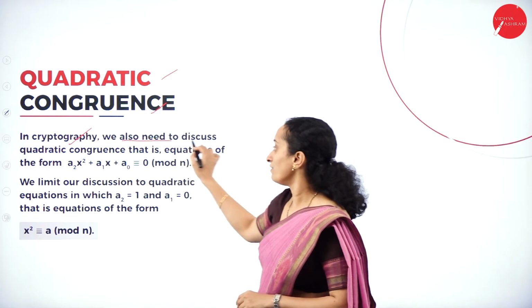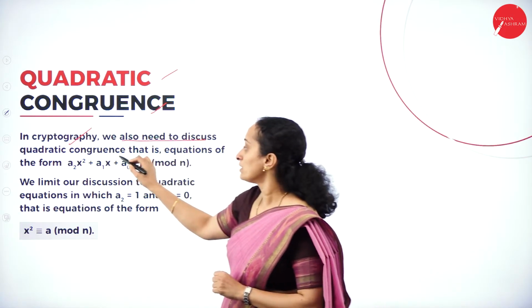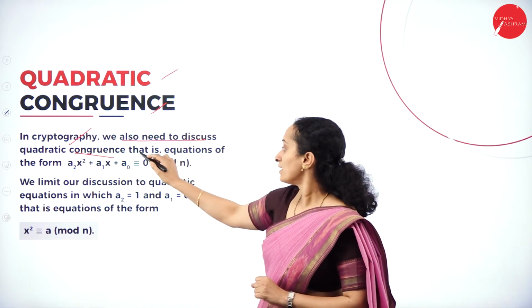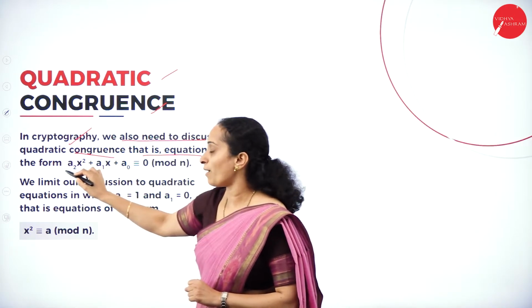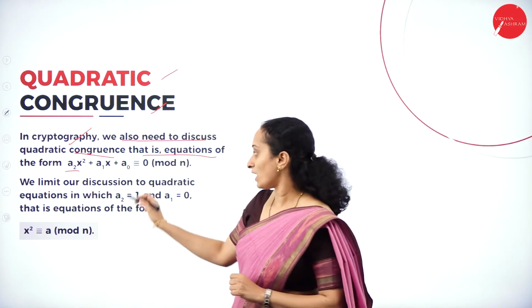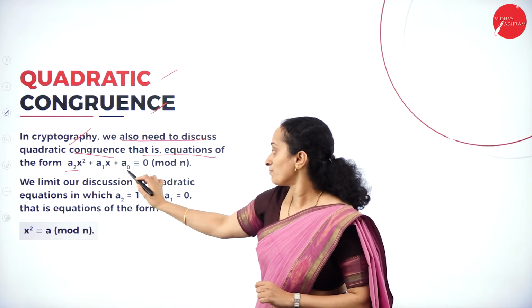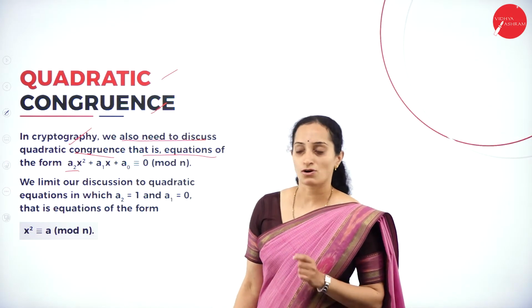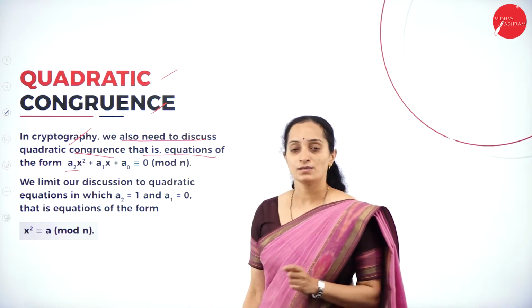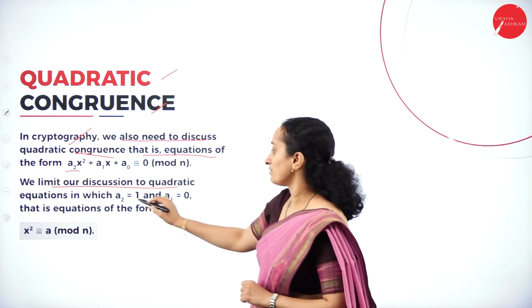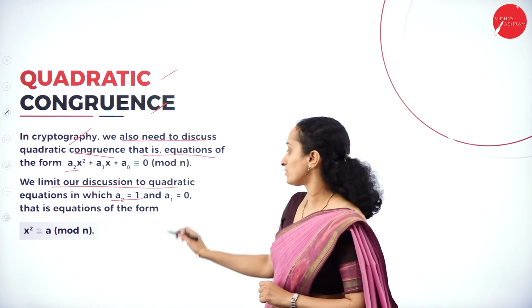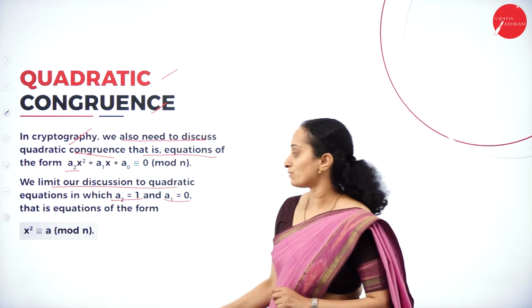In cryptography, we also need to know about the quadratic congruence, that is equations of the form a2 into x square plus a1 into x plus a0 is congruent to 0 with mod n. In the equation we use, a2 equals 1 and a1 will be equal to 0.